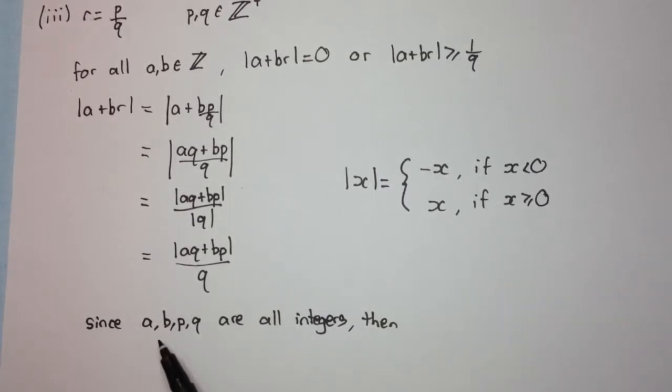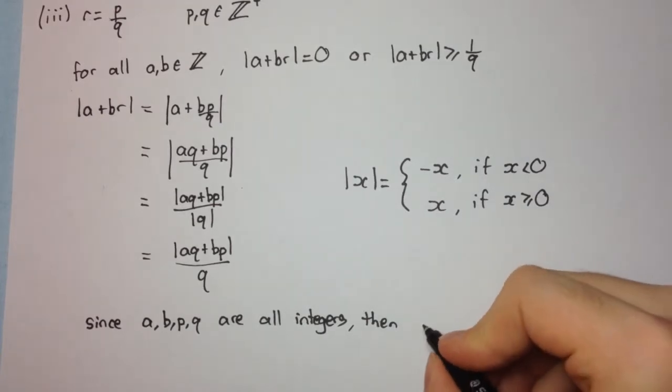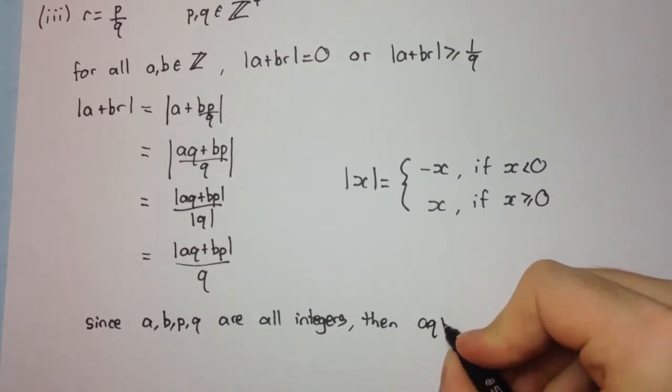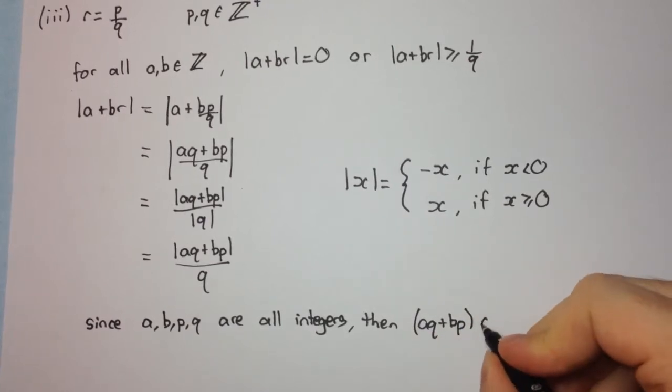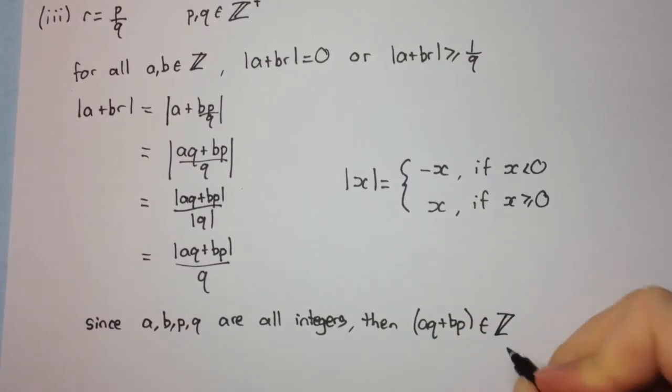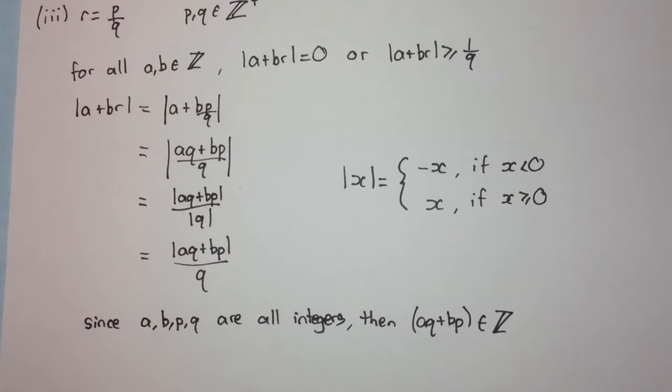Now remember, we talked about this in the previous video. This is known as the closure of integers under addition and multiplication. So if they're all integers, then aq plus bp is an integer. So we can write it like this. Any sum and product of integers is going to leave you with an integer.